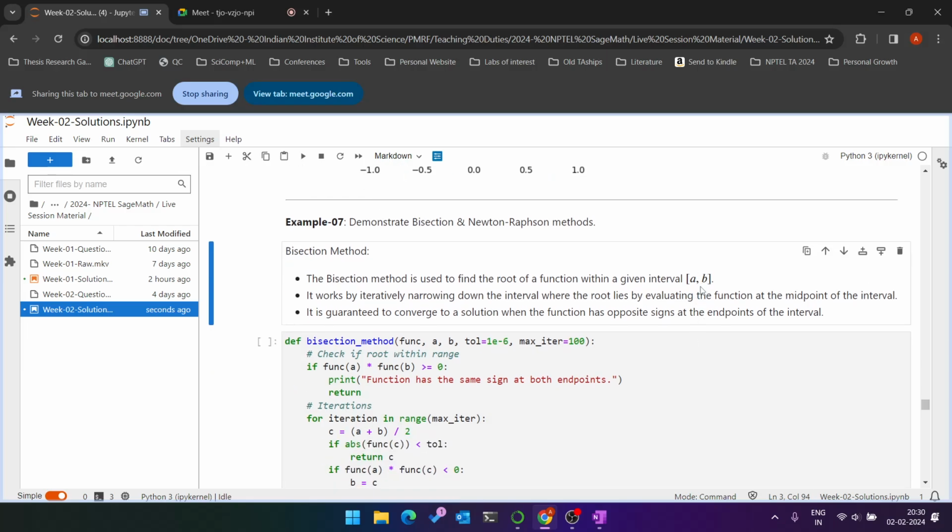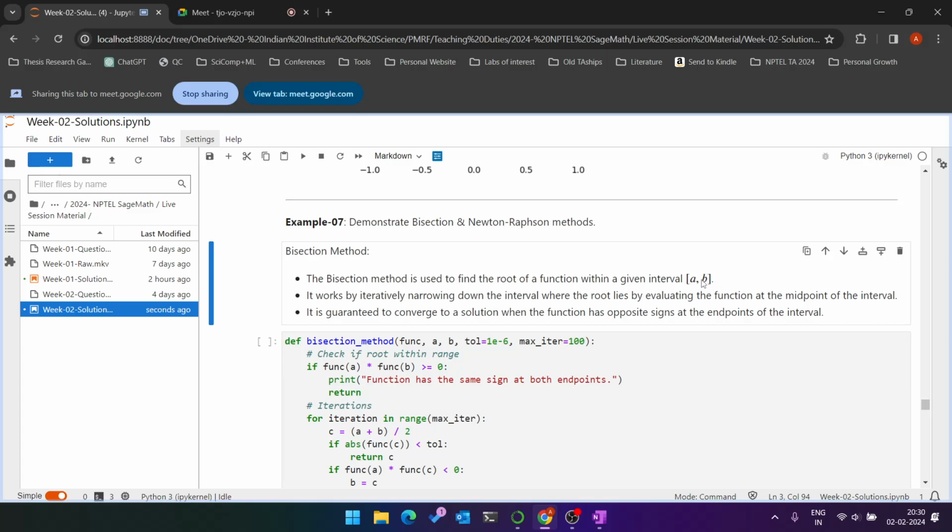If the root lies in this given interval, you take the midpoint, which is (a plus b) by 2. Again, check whether (a plus b) by 2 has a sign which is the same as a or the same as b, and from that you discard the point.